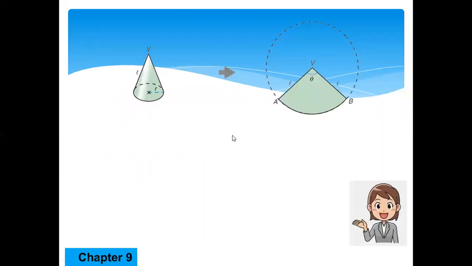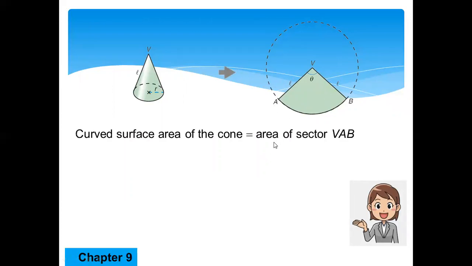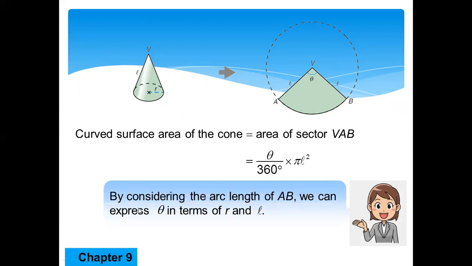Or you may ask, how can we find the area of this sector? As learned in Form 2, area of a sector is equal to the angle subtended over 360 times pi L squared. This is L. And where theta and L are is referred to here.